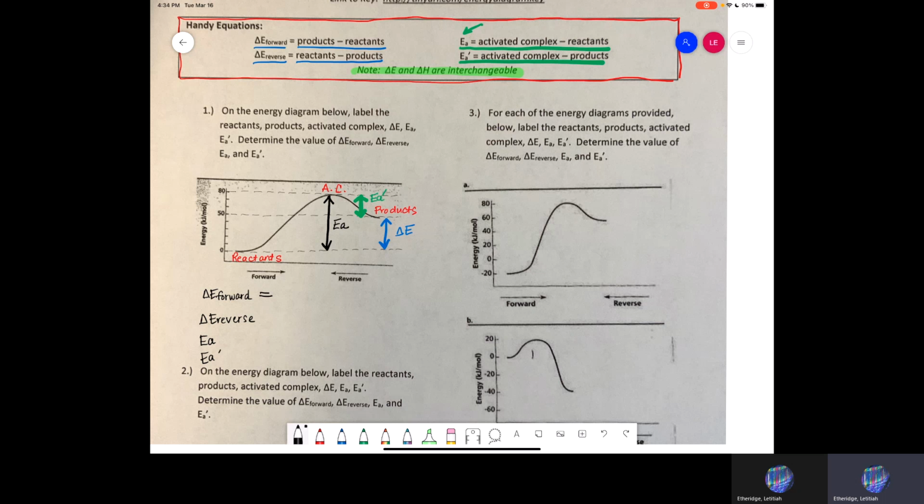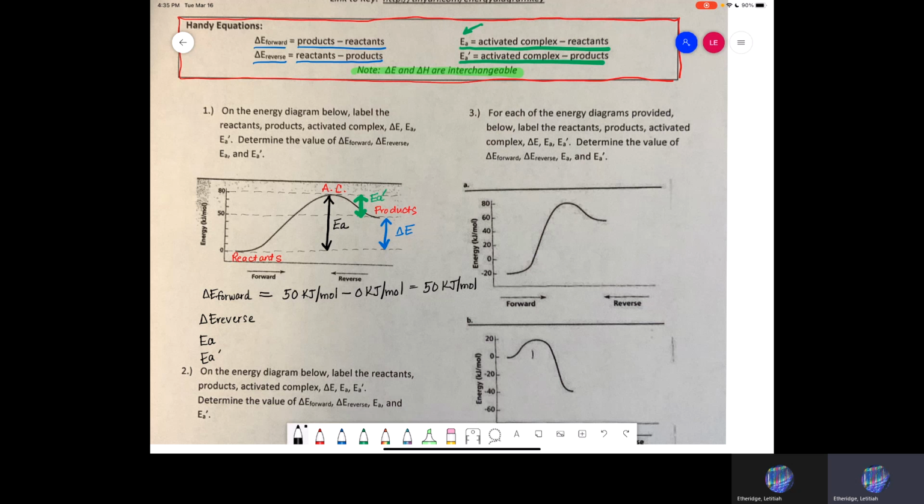Your product line is at 50 and your unit is kilojoules per mole. Make sure you take a look on the axis of your graph. We are going to subtract that from the reactants. My reactants are at 0 kilojoules per mole. So the answer to this is going to be 50 kilojoules per mole.